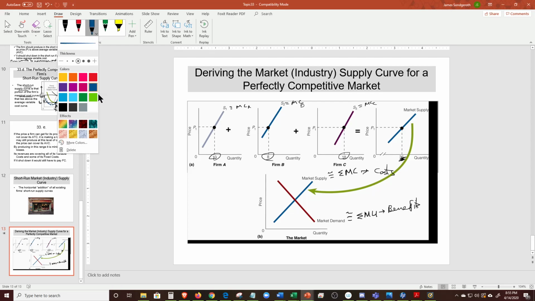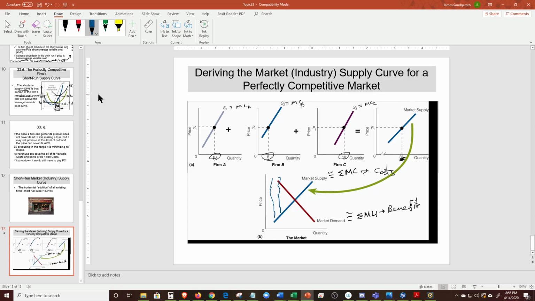So basically any price up here, they'll be happy to sell at, right? They have to cover their marginal cost, essentially. Okay, that's good. And now let's go to the red one.